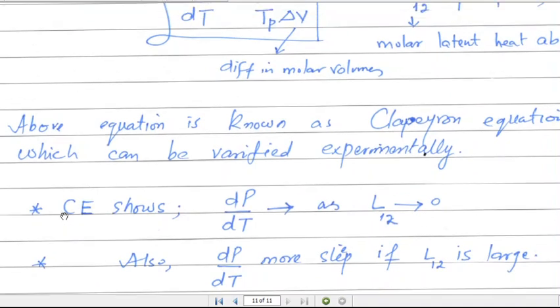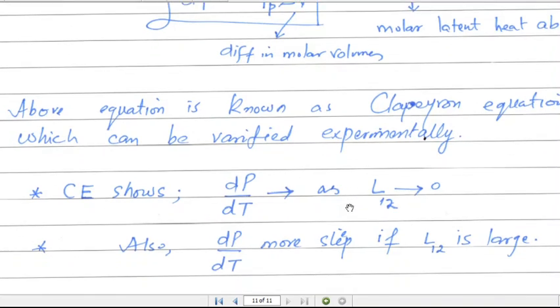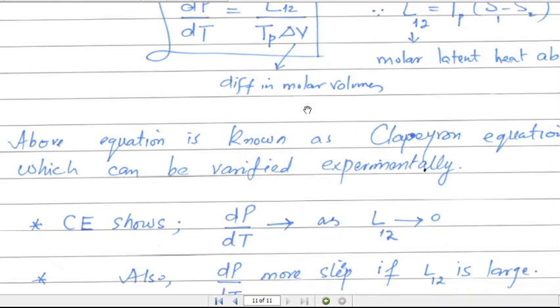So this equation shows that the slope dP by dT will be zero as L12, that is the latent heat, is equal to zero. And also we can see that if the latent heat, no, that point we have already discussed.